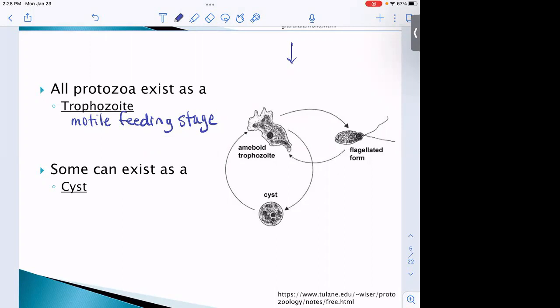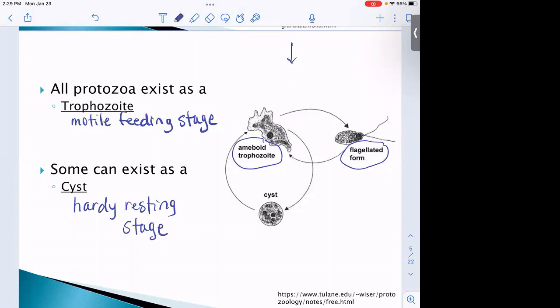So very rare, but that organism actually has two different trophozoite stages. It can exist as an amoeba and also in a flagellated form. I think it's flagellated in the water, and then when it enters our body, it's in the amoeboid form. But those are the motile feeding stages. And then some protozoa can also exist as a cyst. And that's a hardy resting stage.